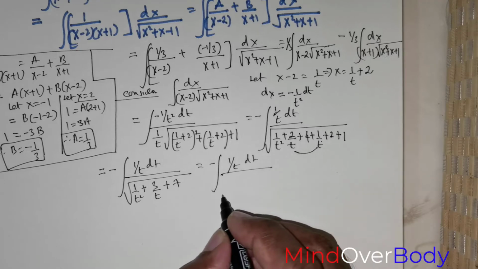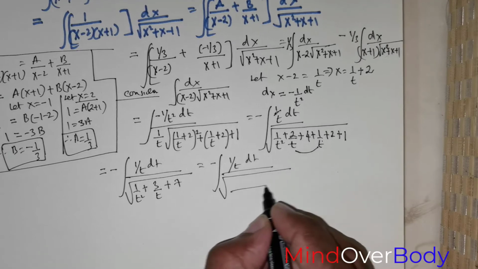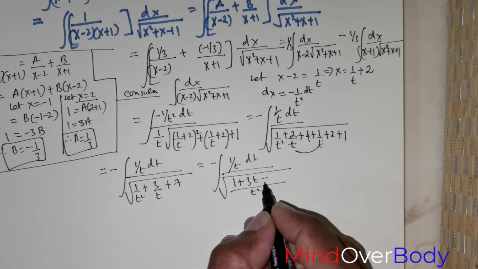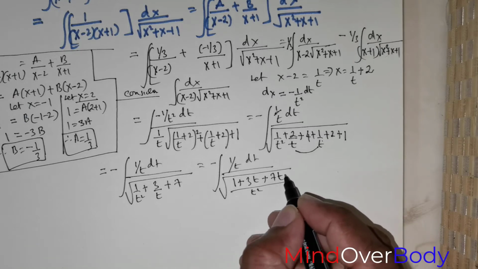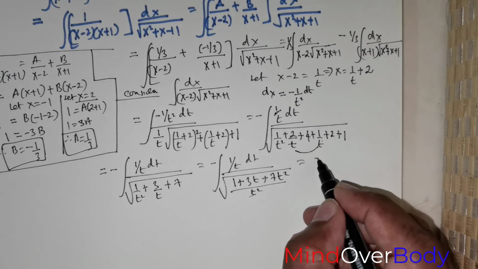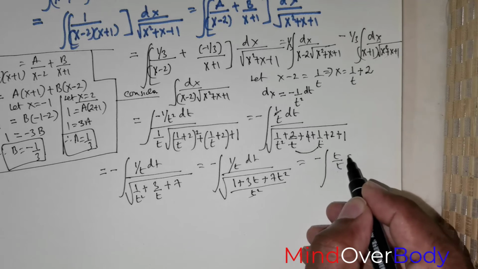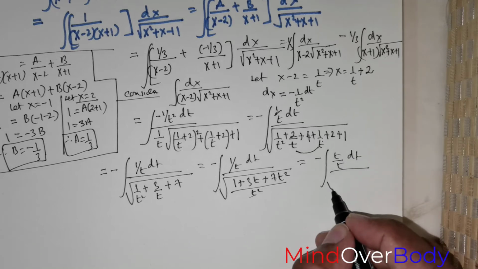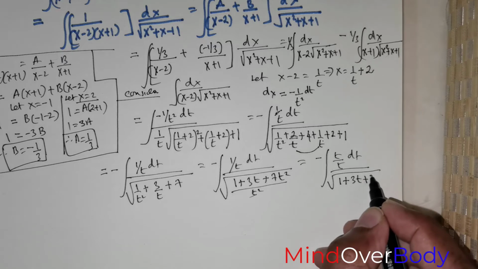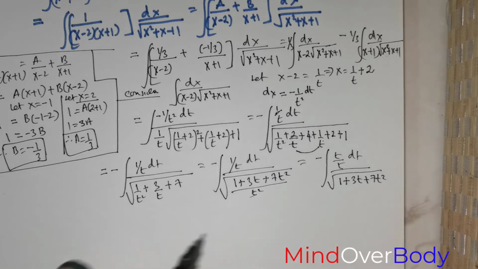I'm going to take the LCM as t², so that will give me 1 + 3t + 7t². I flip this, and I would get t over t times dt divided by root of 1 + 3t + 7t².